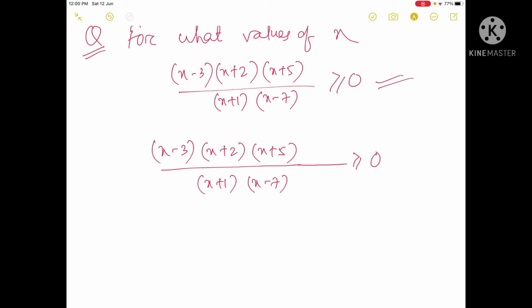The denominator contains two factors, x plus 1 and x minus 7, and both are of odd powers. So intentionally make the power even: multiply the factor x plus 1 in both numerator and denominator, and also multiply the factor x minus 7 in both numerator and denominator.